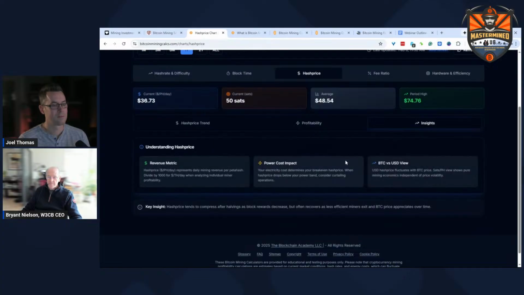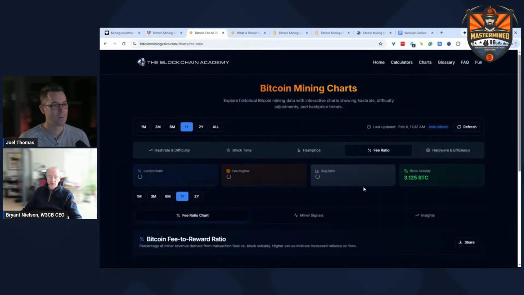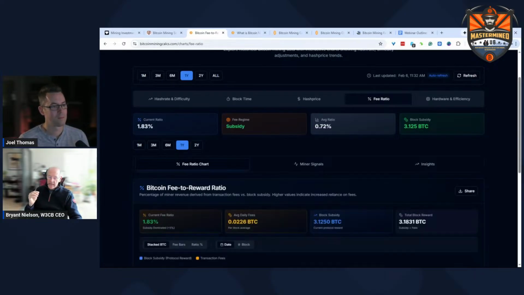And again, insights. We try to provide all the insights with these tools. Here's another one. We're looking at a situation where Bitcoin transaction fees in the future are going to have to be greater than they are today, simply because as the next halving happens, the profitability for Bitcoin mining changes.